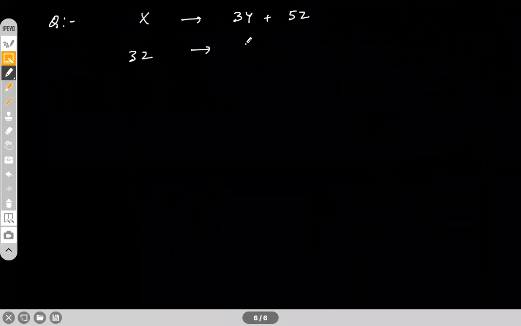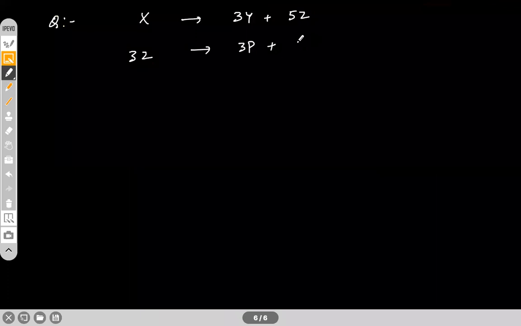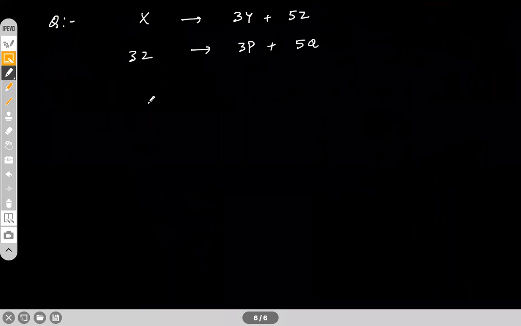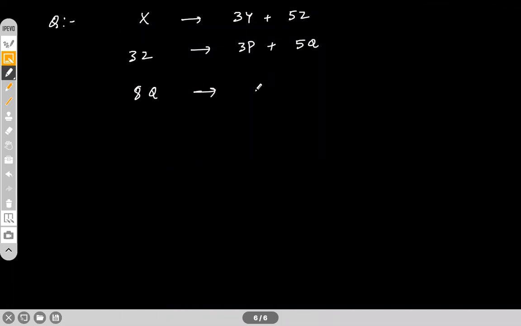One more question on this. A reaction is X gives 3Y plus 5Z. 3Z gives 3P plus 5Q. And 8Q gives 7R plus 8S.